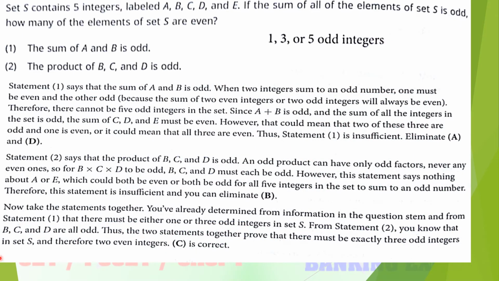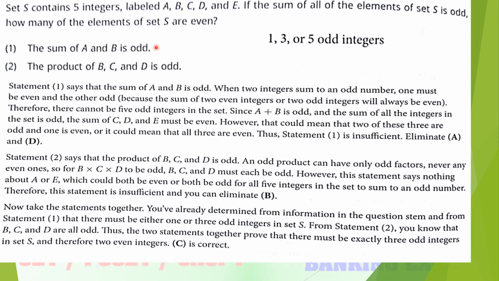Next, two statements are given. Odd plus odd is always, so what happens, we'll see. The statement says that the sum of A plus B is odd. So if you want to get an odd answer, then one must be even. Odd plus even is always odd.